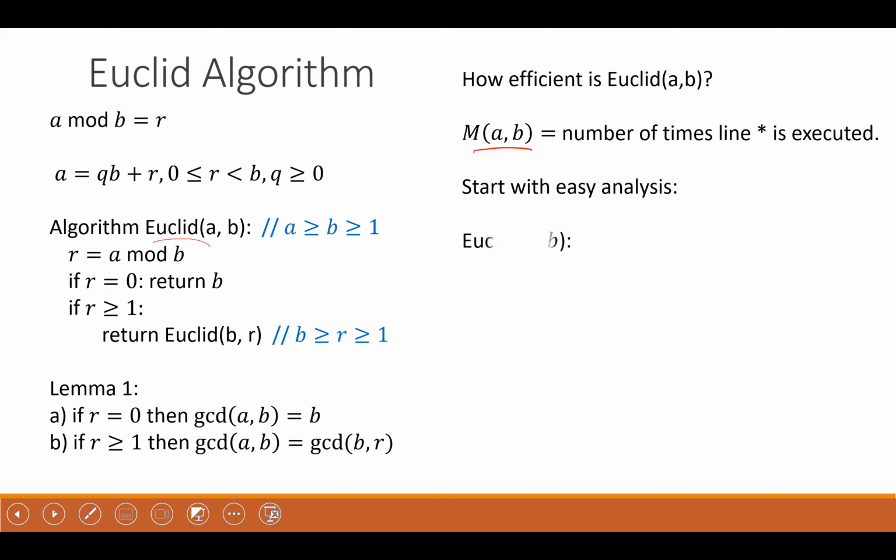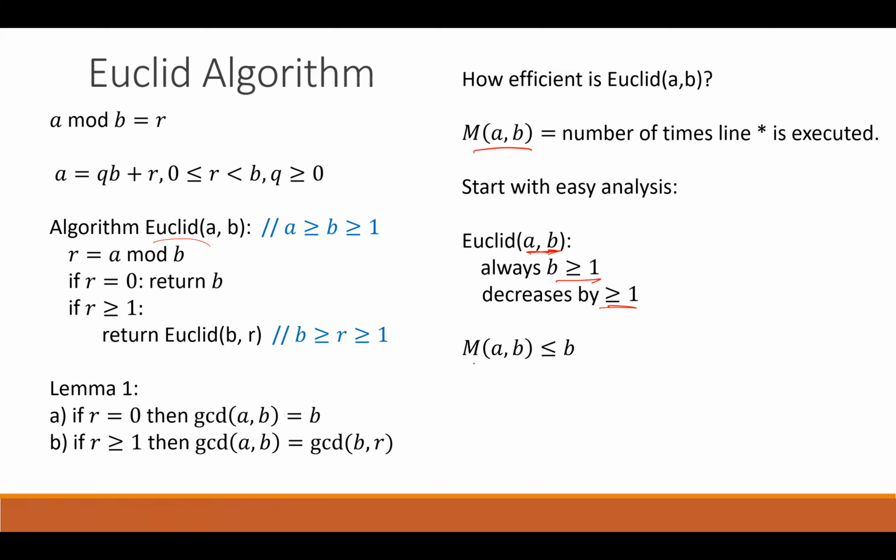One thing that we do know is that B must be at least 1, and every recursive call I make, this B must be reduced by at least 1 because the remainder is less than B, which means that in the worst case, I make B recursive calls. Okay, that's not super good. If B is 1,000,000, maybe that's not the greatest, but we can do much, much better than that, actually. So that's the easy analysis.